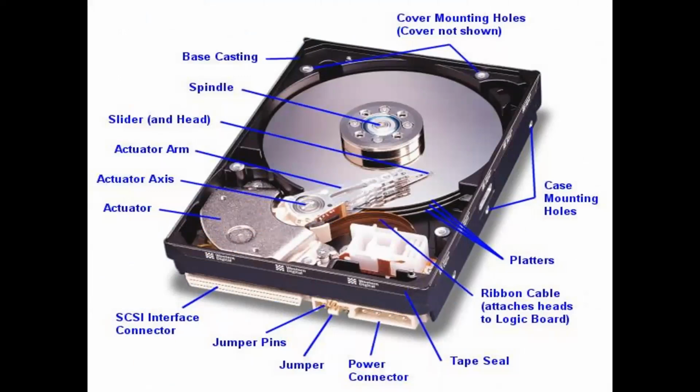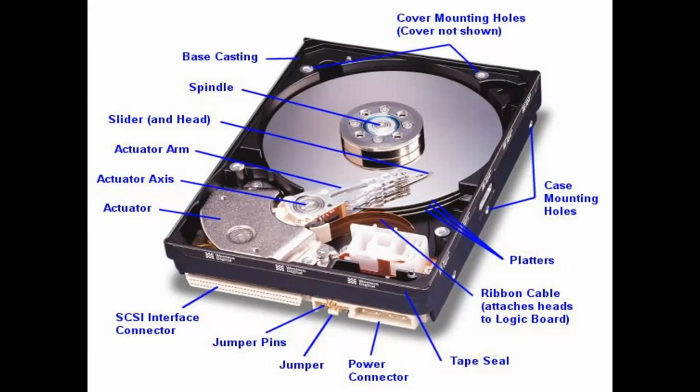So this is how our hard drive looks. We can draw or copy one for you to label. Where is the spindle? Because it has to read. Where is the reader? Where is the slider? Where is the base casting? Where are the case mounting holes? Where are the platters? Those are the small sheets. Where are the ribbon cables?